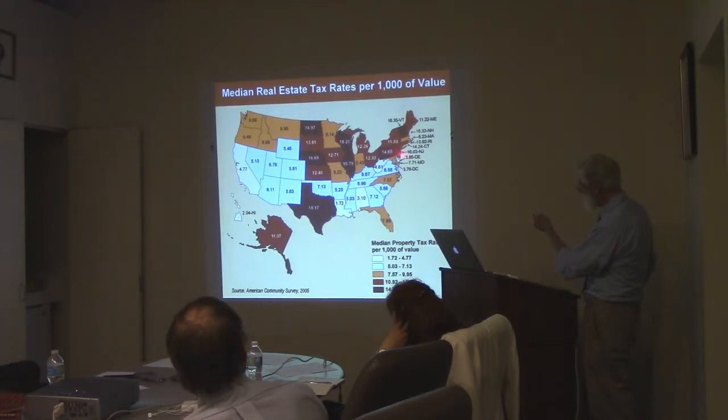Pennsylvania, New Jersey, Vermont, and New Hampshire. Where was the other one? Illinois? Is that Illinois, right here? Yeah, the one that comes down. Okay, so that's pretty high too, isn't it? All right, so you can see it's all over the place.